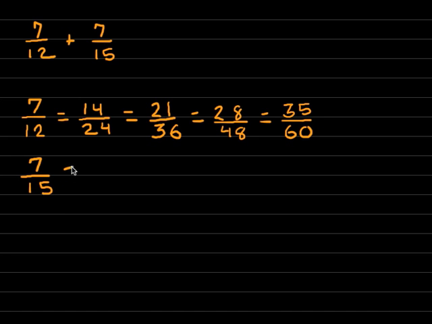So now it's time to find equivalent fractions for 7/15. 7/15 is the same as 14/30. Again, multiply the top and bottom by 2. Multiply the top and bottom by 3. Multiply the top and bottom by 4.